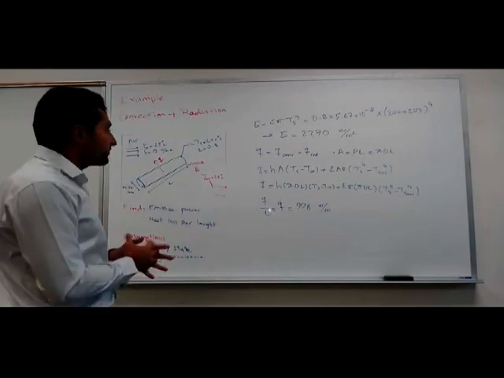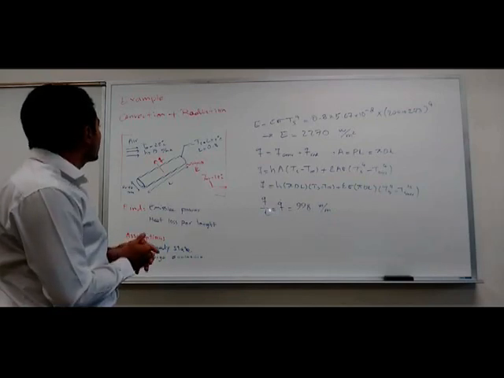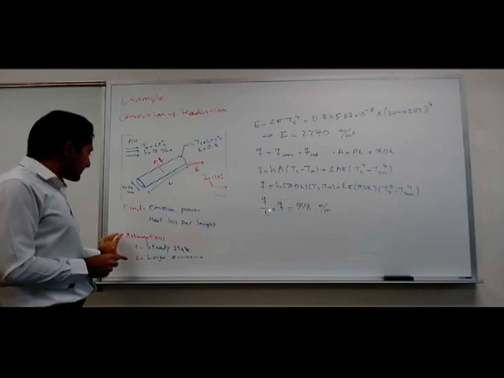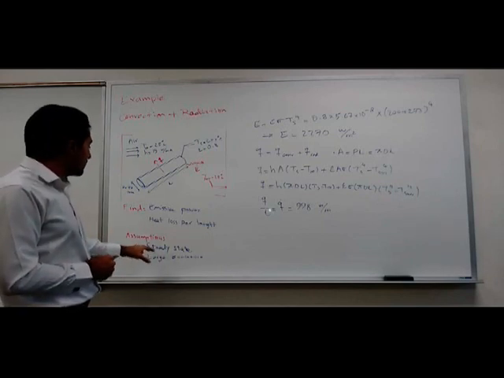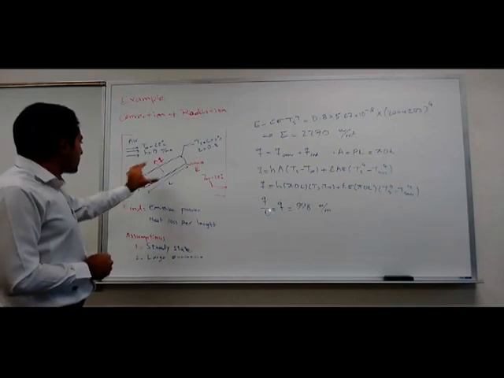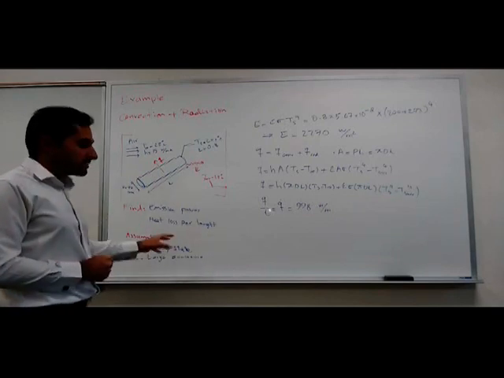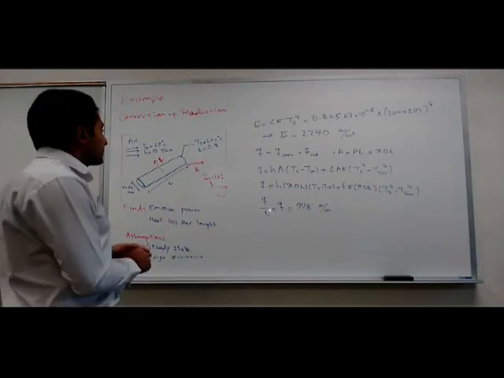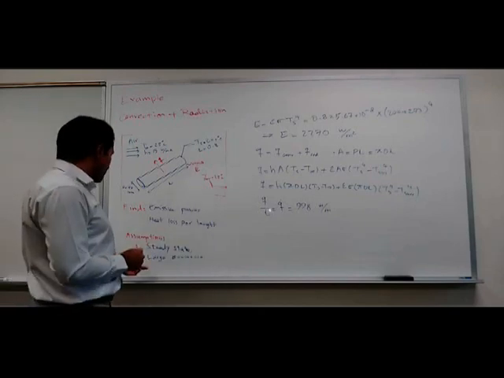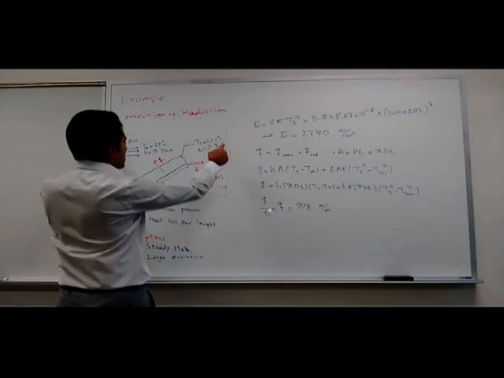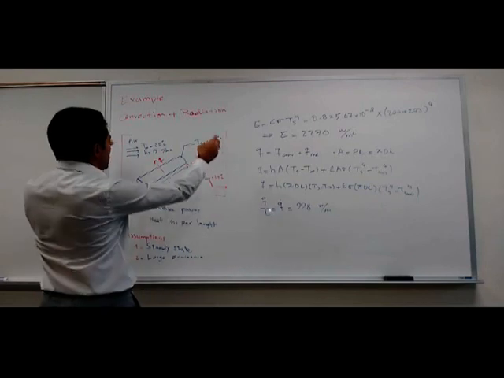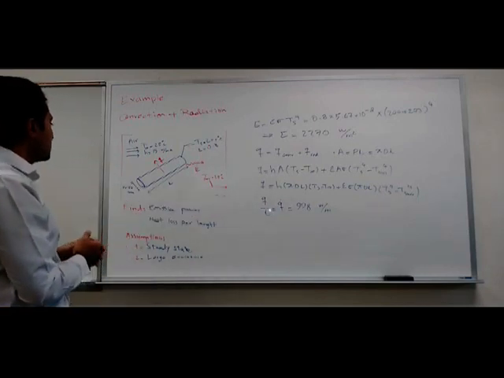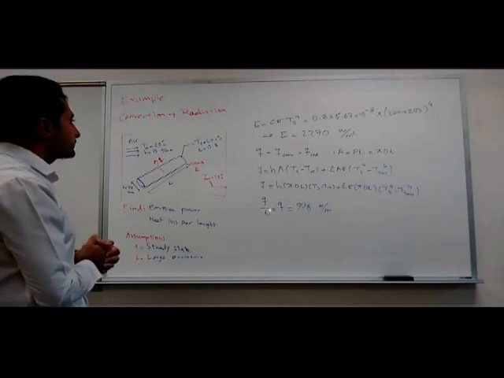Before solving this problem, we need to consider some assumptions. First of all, our pipe is at steady state, which means nothing changes over time, and we have a large enclosure or large surroundings over the pipe.